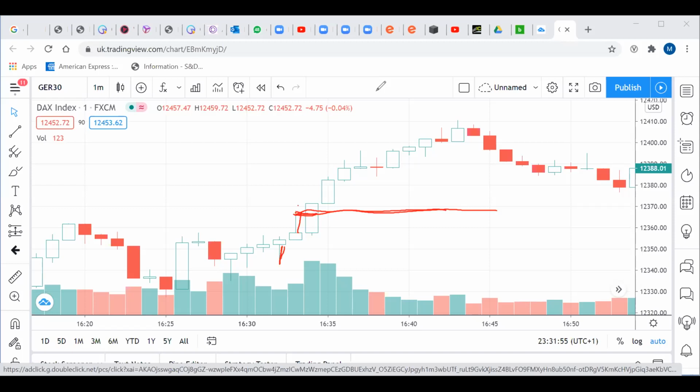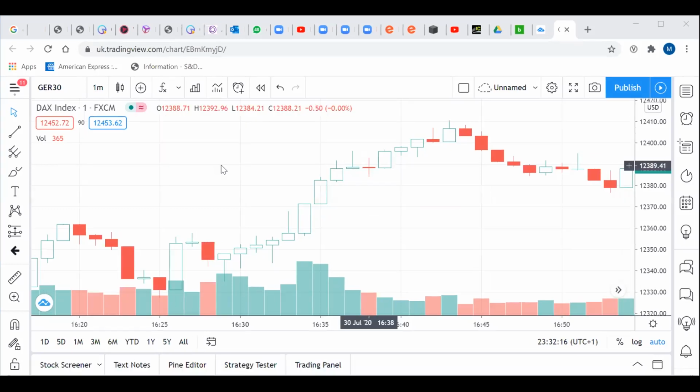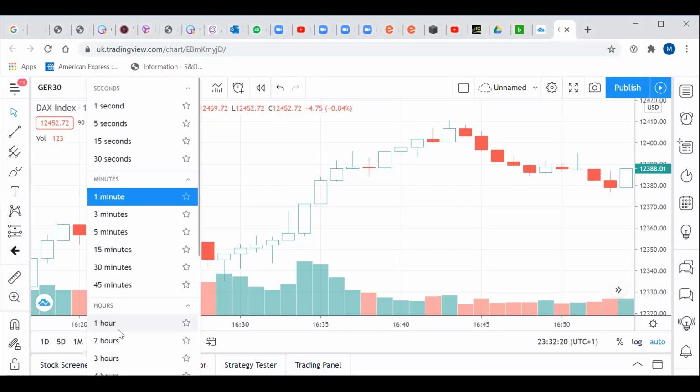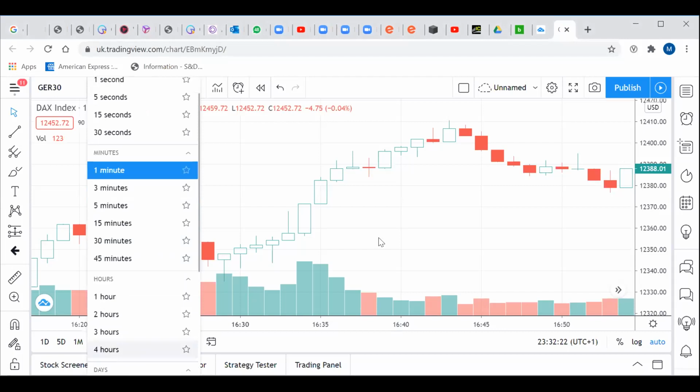With that said, I'm now going to draw out some support and resistance zones. Let me clear off. Let me go to a 4-hour chart.